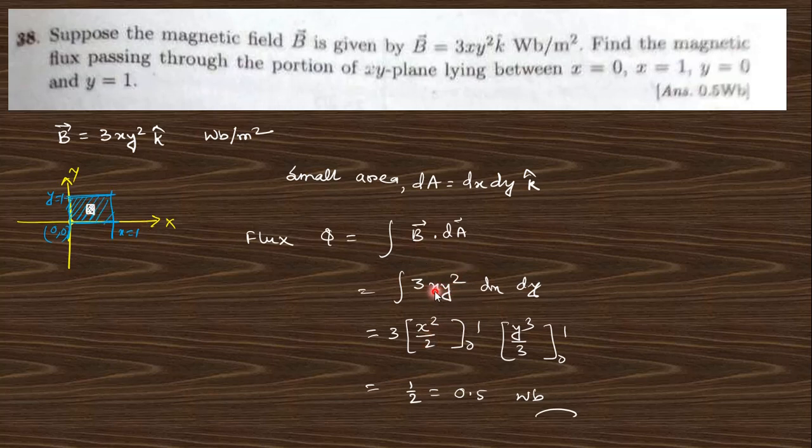So just integrating with respect to x, because x and y are independent of each other, we can integrate this. Actually this is a double integration, right? An areal integration. The integral of x is x square by 2, and for y it is y cube by 3. So the 3s cancel out, this is half, and this is 1. So finally this gives you half, that is 0.5 Weber, right? So this is the flux through this surface. Go to the next one.